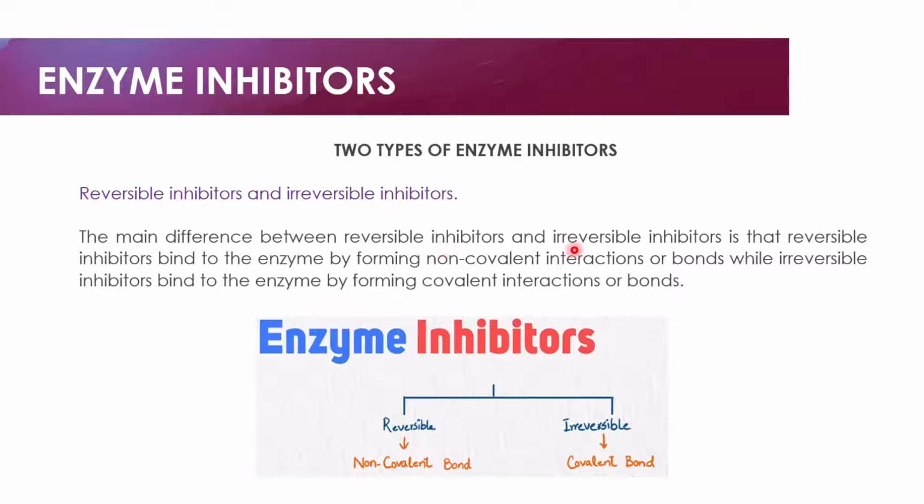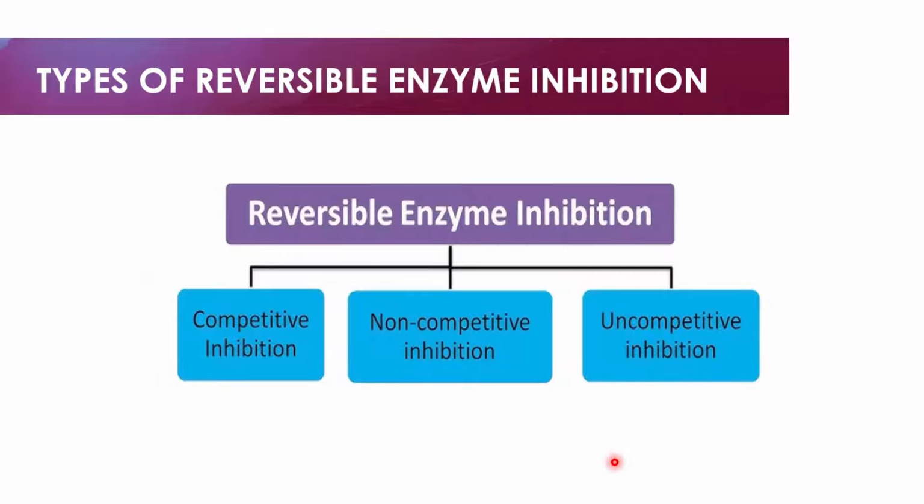The main difference between reversible inhibitors and irreversible inhibitors is that reversible inhibitors bind to enzymes by forming non-covalent interactions or bonds, whilst irreversible inhibitors bind to the enzyme by forming covalent interactions or bonds. So this is the main difference between reversible inhibitors and irreversible inhibitors.